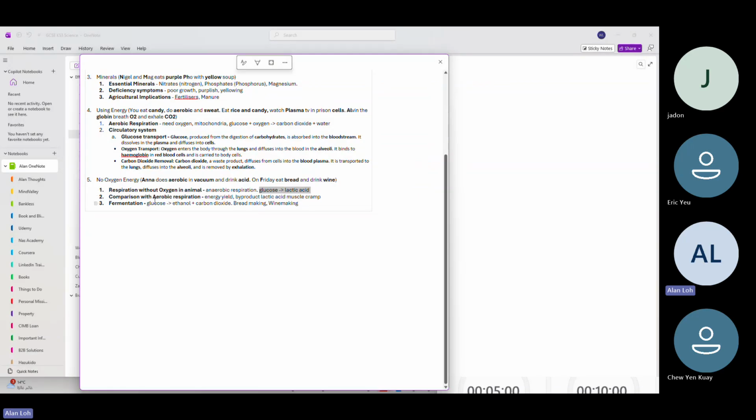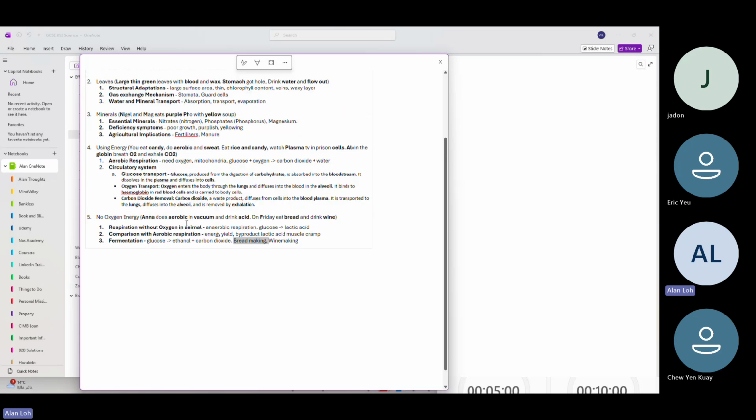Anaerobic respiration in non-animals is another form, which is fermentation. You will know it better later, but for now it's about glucose turned into ethanol plus carbon dioxide, and it's used for bread making and wine making, right?